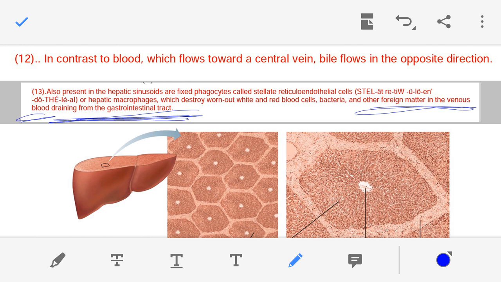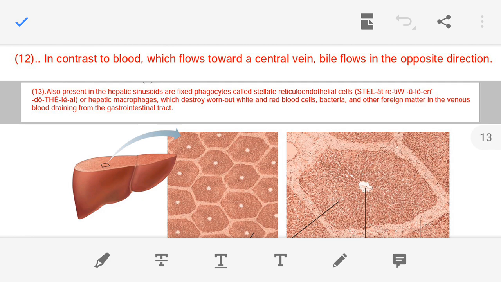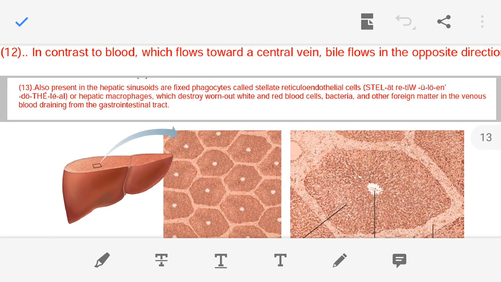So the unwanted foreign matter from the blood is removed by these phagocyte cells. Okay, so that was point number 13.